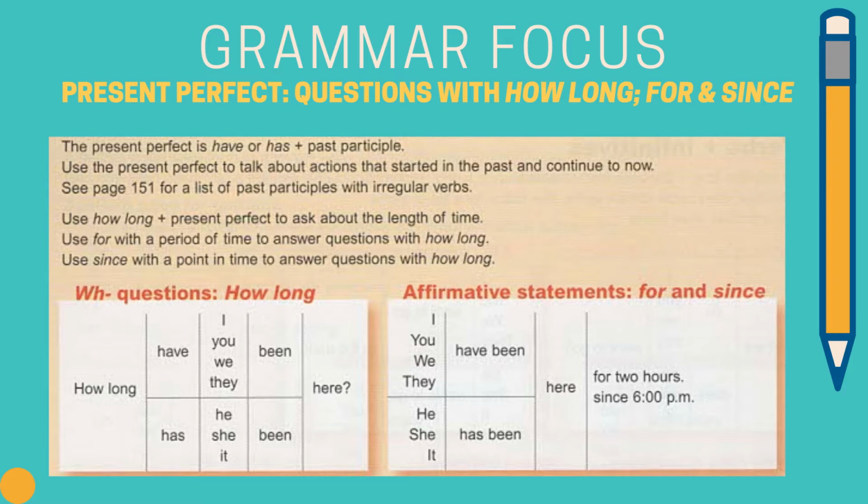She has been here for 2 hours, since 6 p.m. How long has it been here? It has been here for 2 hours, since 6 p.m. Make sure you write down this grammar structure so you can refer to it in our next activity.